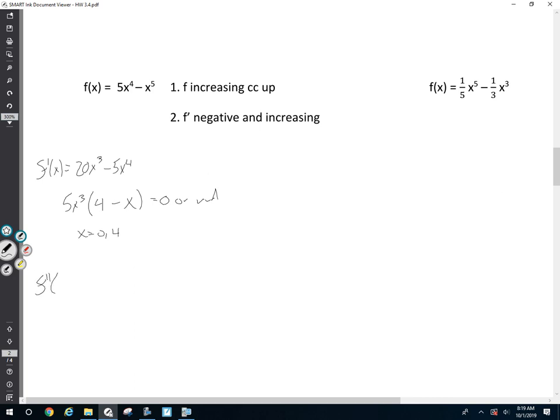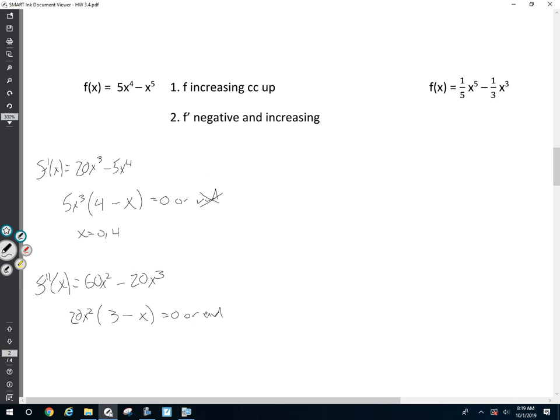And second derivative, 60x squared minus 20x cubed plus 20x squared, 3 minus x.